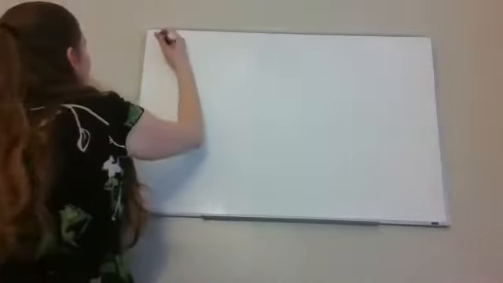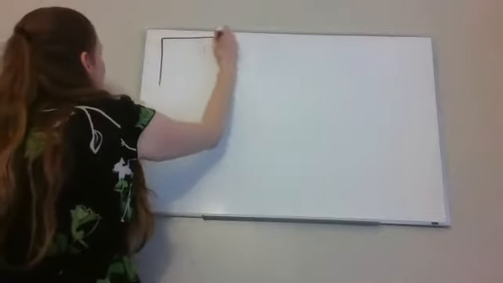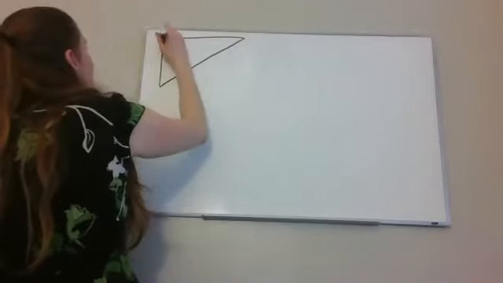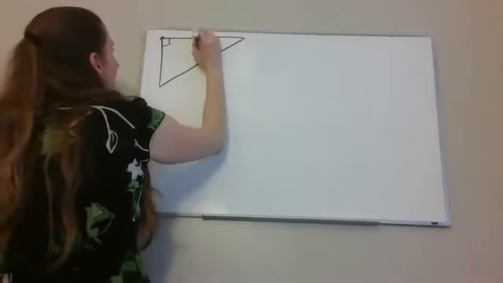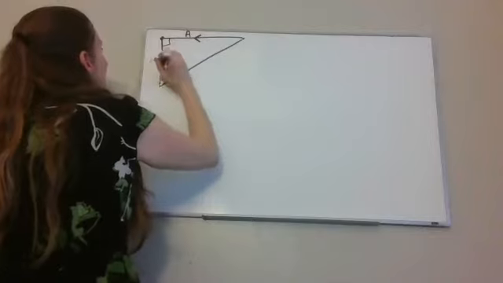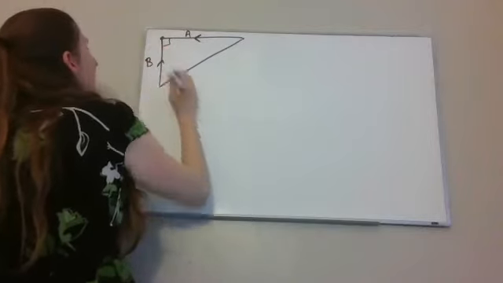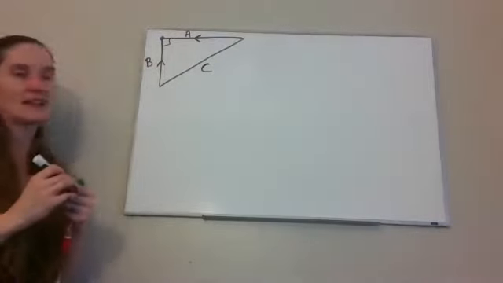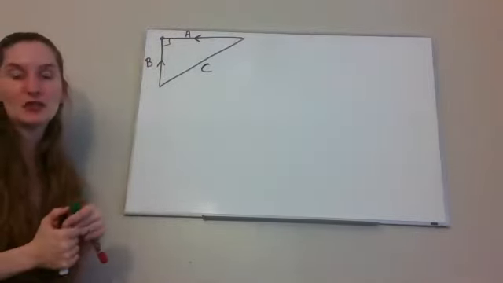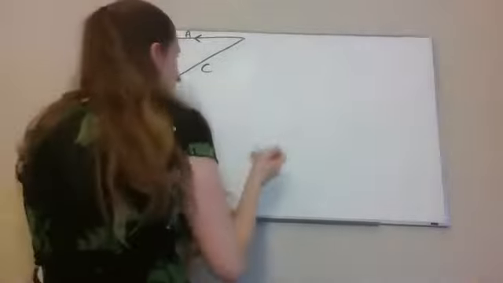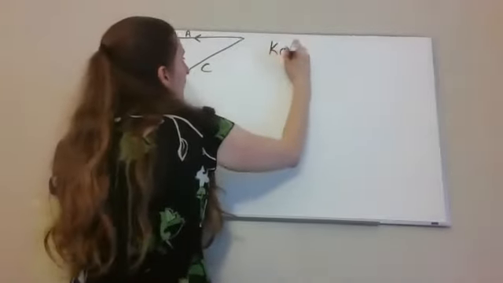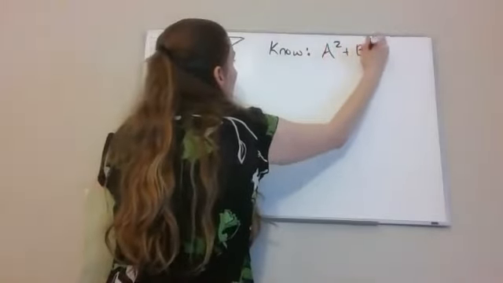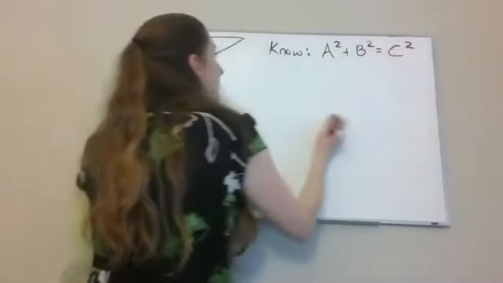So here's our picture. We have the intersection of the roads right up here. I have car A going this way and car B going this way. And I'm going to call this other side C. That side C is going to be the distance between the cars. Things that I know: the Pythagorean theorem, a squared plus b squared equals c squared.